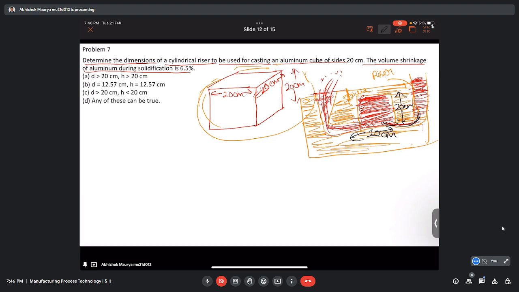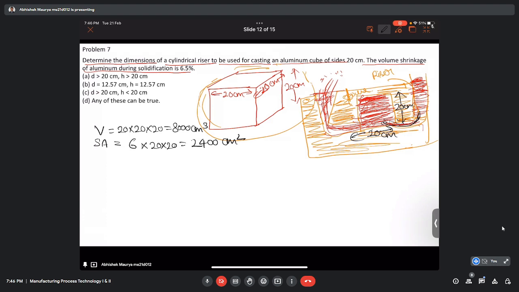So the volume of casting, that is V, is equal to 20 cross 20 cross 20, that is 8000 centimeter cube. And if we calculate the surface area of the casting, it is 6 times the area of a single face, that comes out to be 2400 centimeters square.